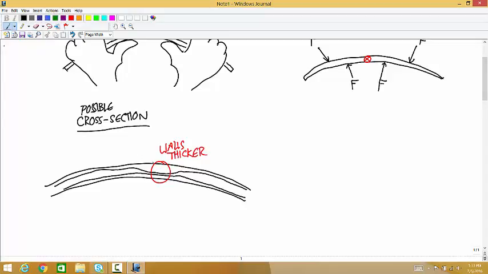Well, then, even though you'd have high internal loads here, the thing most likely isn't going to break here because you've bulked up the material. It's stronger here. And so there must be something else going on deeper than those internal loads even that can let you find the place where this is likely to break.